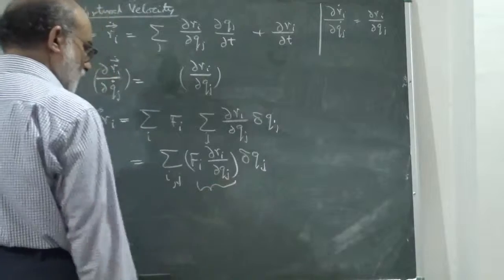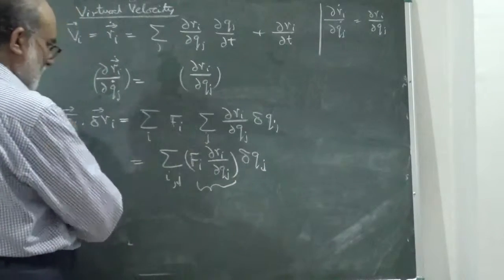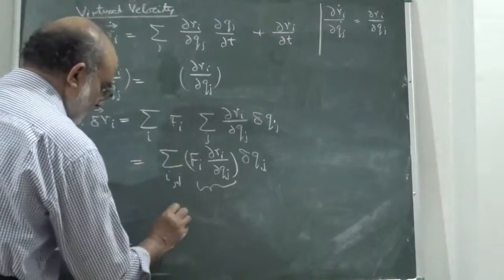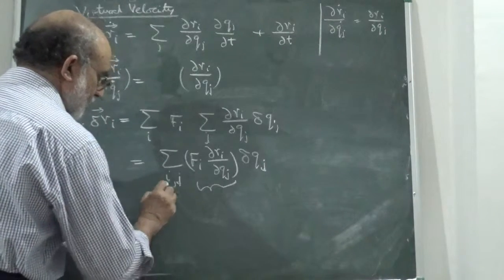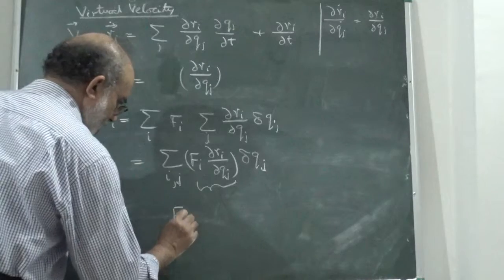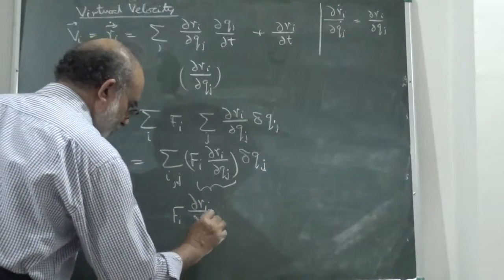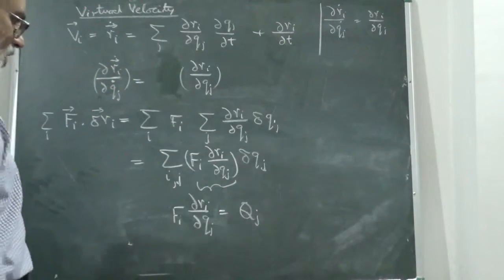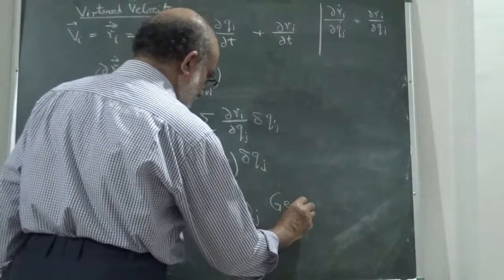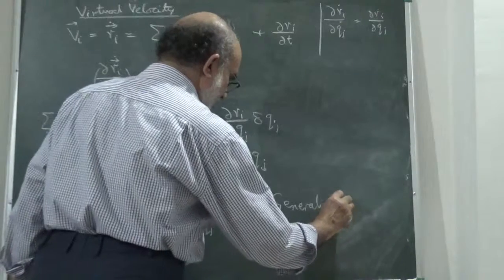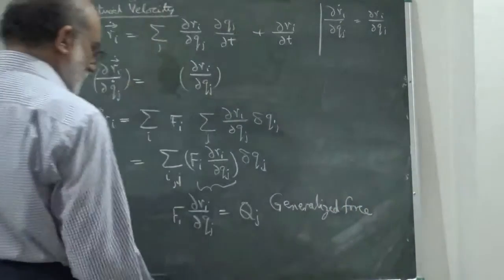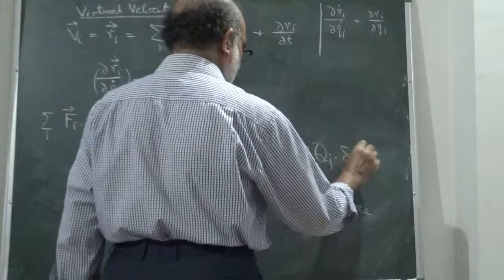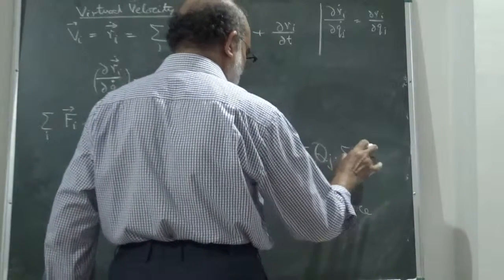This can be assumed to be a generalized force, and this is a displacement in generalized coordinates. Suppose we call summation of Fi delta Ri by delta Qj as the generalized force Qj, and hence this becomes Qj delta Qj, generalized force times generalized coordinate.